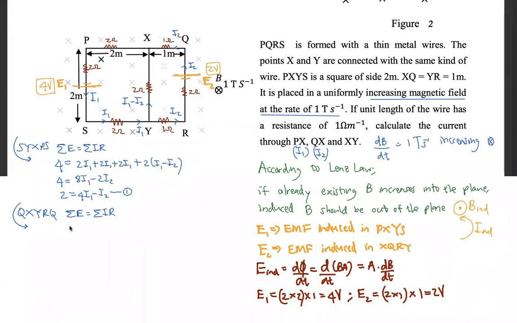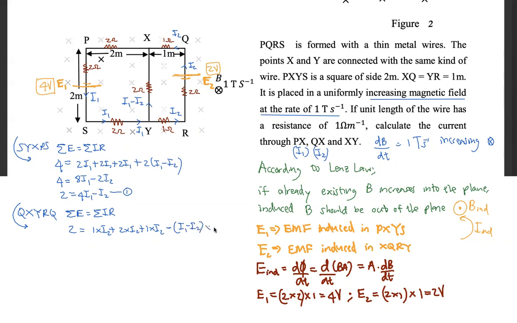Just 2 volt. Sigma IR: I2 is flowing through 1, 2, 1, so that is 1 into I2, plus, and this part of I2 is counterclockwise, 2 into I2, again 1 into I2. Now we have to be careful. This one is not counterclockwise, it is clockwise, this current. So you have to put a minus here and say I1 minus I2, the current flowing through 2.